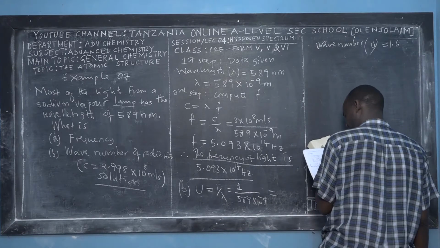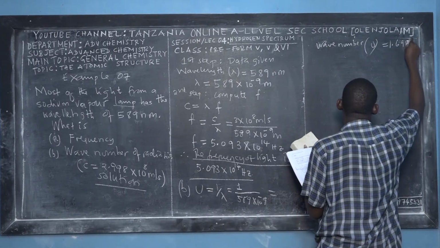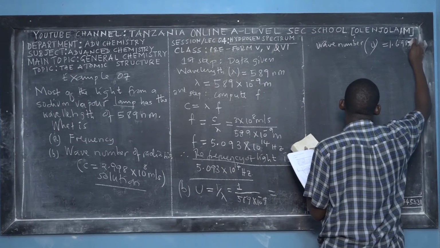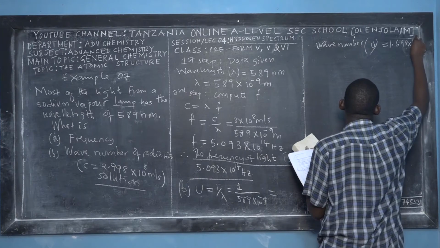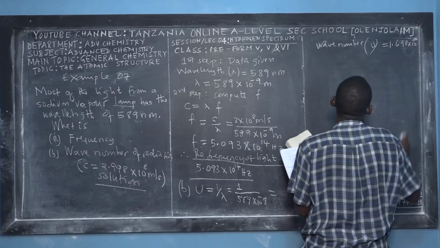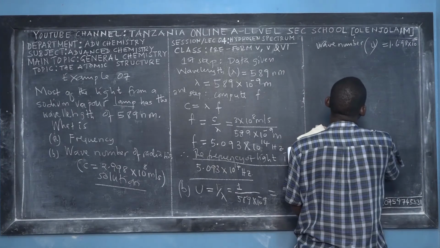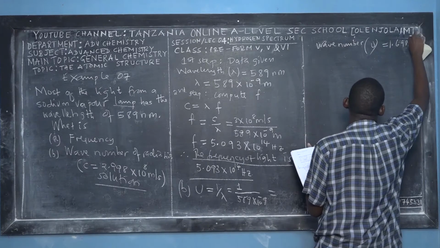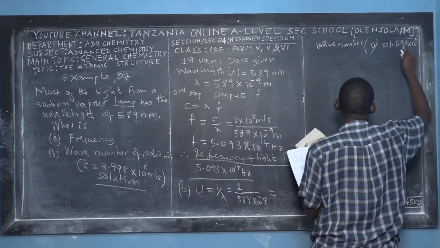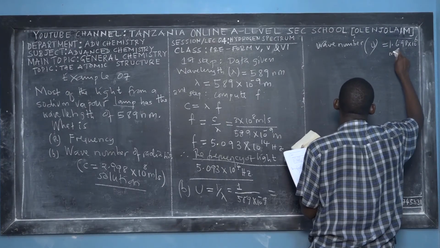After using your scientific calculator, 1.698 exponent 6, because it is the reciprocal of wavelength, so the unit is per meter.